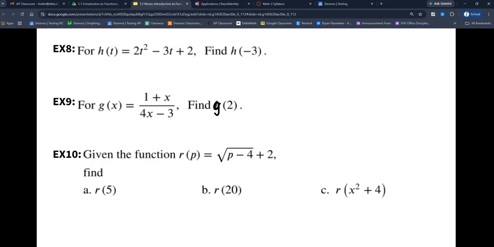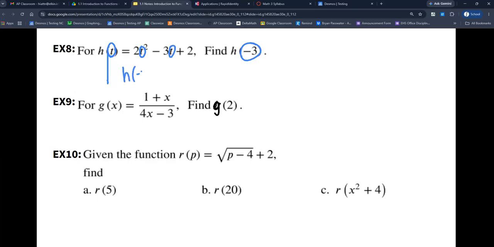Now, in this particular case, I'm finding h of -3, which means I need to plug in -3. What letter am I plugging -3 in for? T. So t is your independent variable this time, not x. We are just going to take every t and replace it with the -3. So that will look like this.